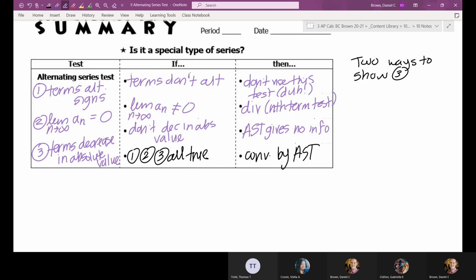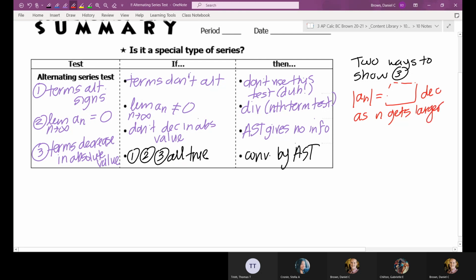The first option is you state what the absolute value of the terms is. So you just drop off what's causing the signs to rotate back and forth between positive and negative. Write that statement and then say something like, this value decreases as n gets larger.